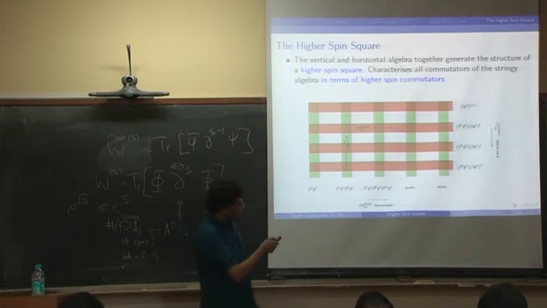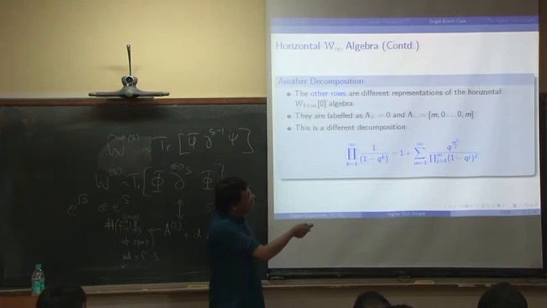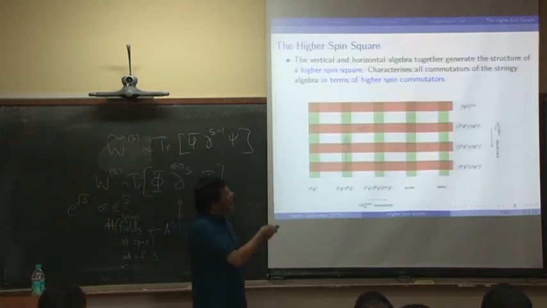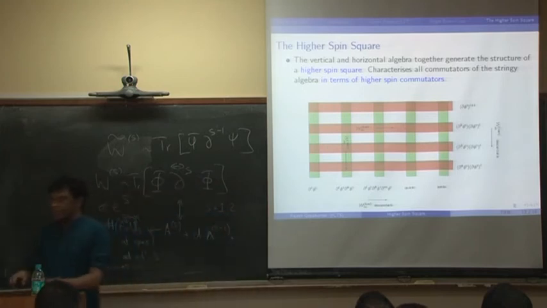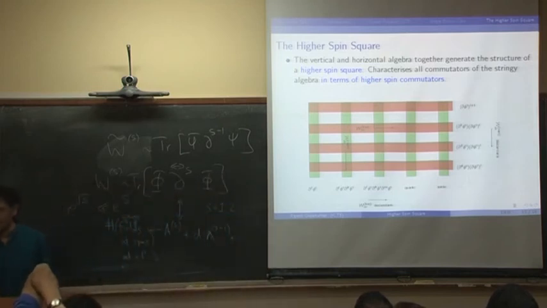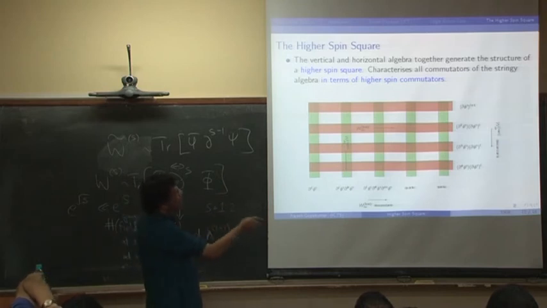Every generator is somewhere in this table, and it's labeled by two coordinates, if you wish, N and M, in the square. The horizontal W infinity algebra descendants act this way, and the vertical ones act this way.